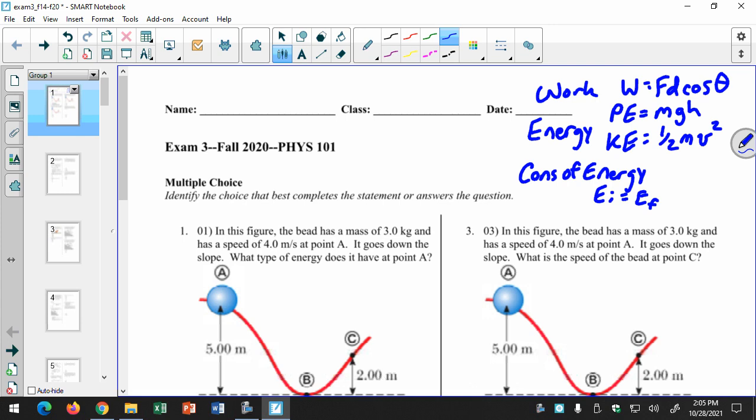Now we'll look at some problems like this. Since we're just dealing with mechanical energy, which we talked about last time, that would be to say that the initial potential energy plus the initial kinetic energy is equal to the final potential energy plus the final kinetic energy.